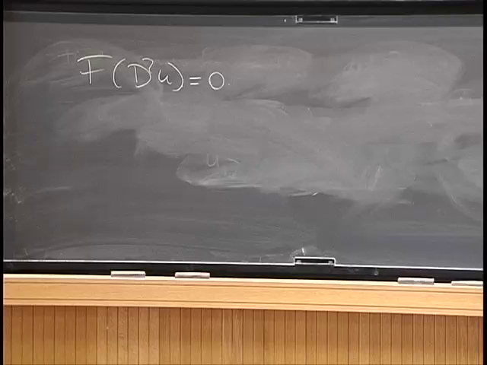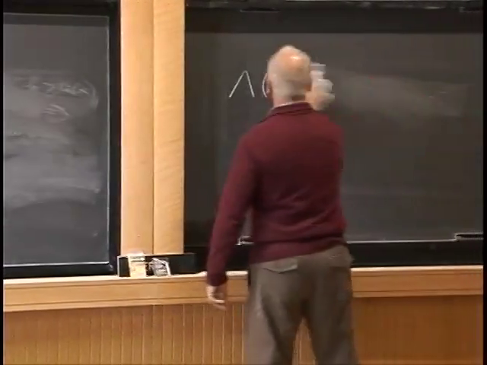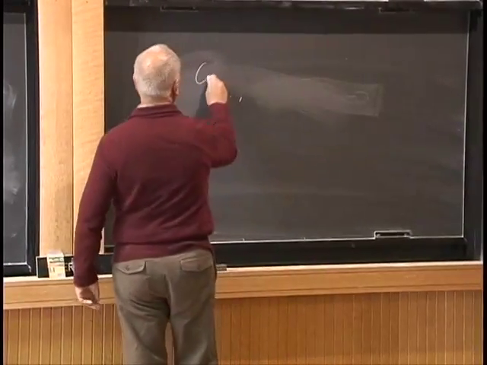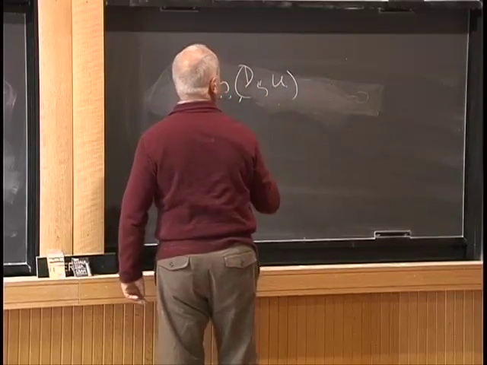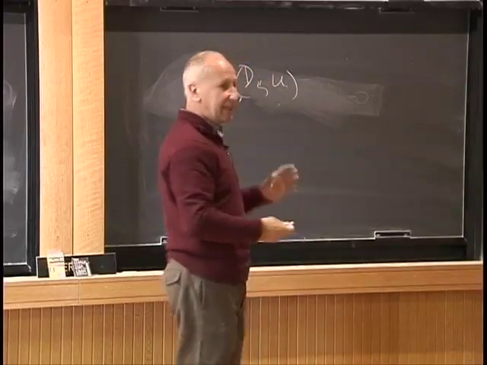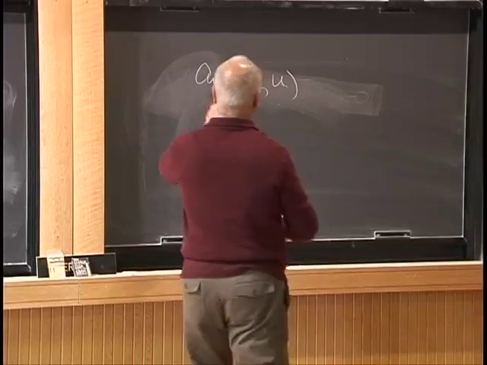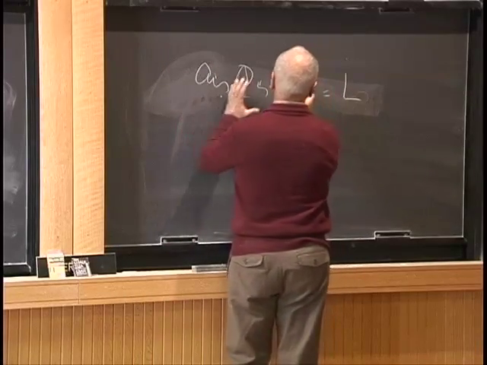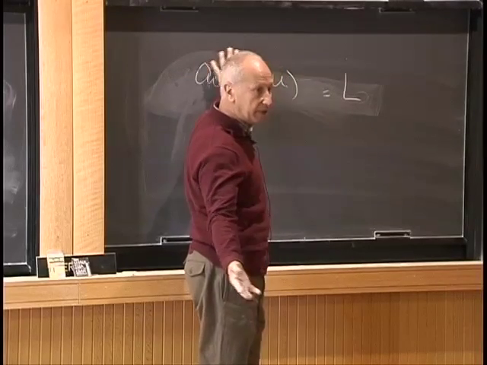What does it mean, elliptic, right? How can I say that a_ij D_ij of u is elliptic without talking about the matrix? In other words, the matrix a_ij is positive, but I want to say it without talking about the matrix, right? So this is an operation L on matrices M. You give me a matrix and I give you a number.